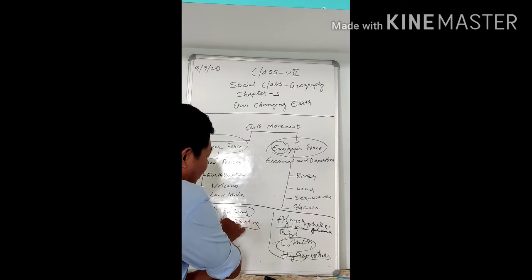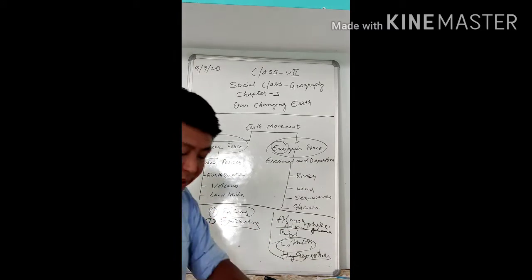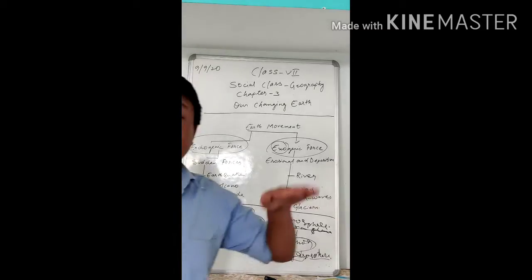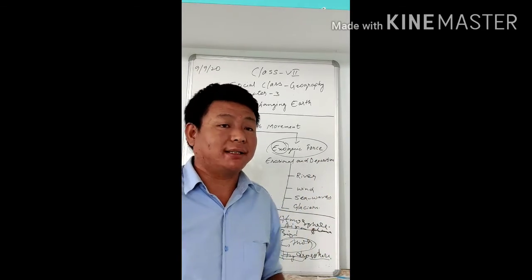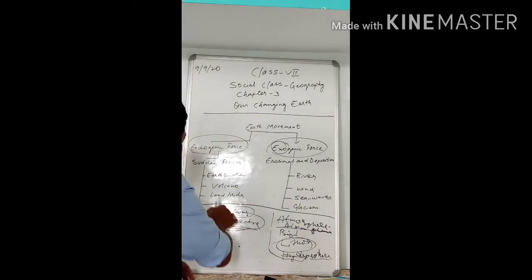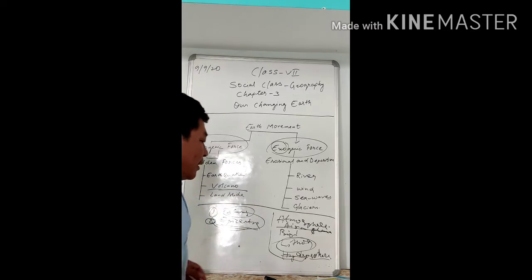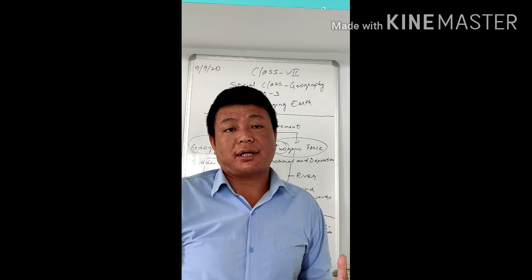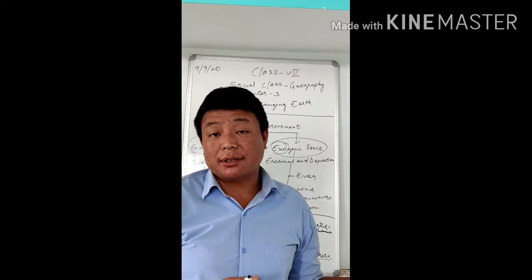But the focus is found beneath, in the interior of the earth, and the epicenter is mostly found on the surface of the earth, from where it started. The next one is the volcano. As you may have already seen, volcano eruptions are something you may have watched on televisions.